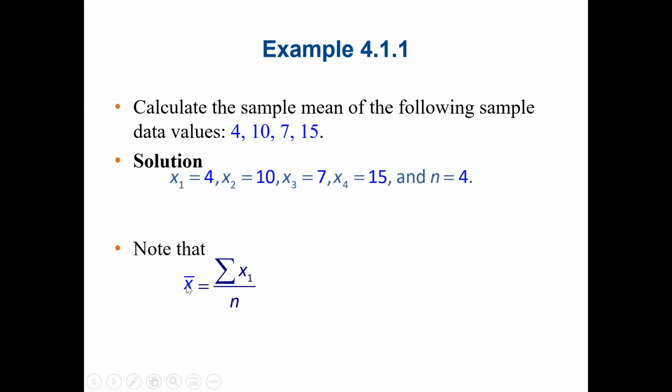The sample mean will be the sum of all the values divided by the number of values, which is n. So we get 4 plus 10 plus 7 plus 15 divided by 4, and that gives us 36 divided by 4, and the answer will be 9.